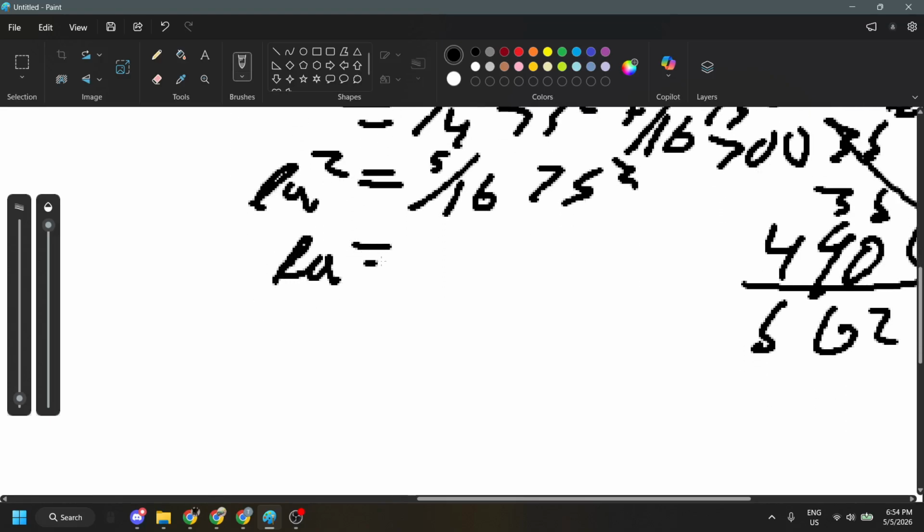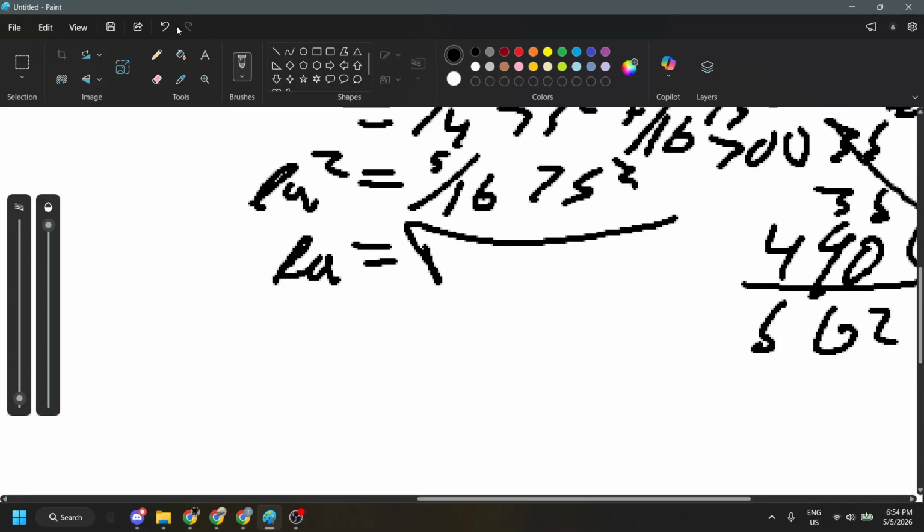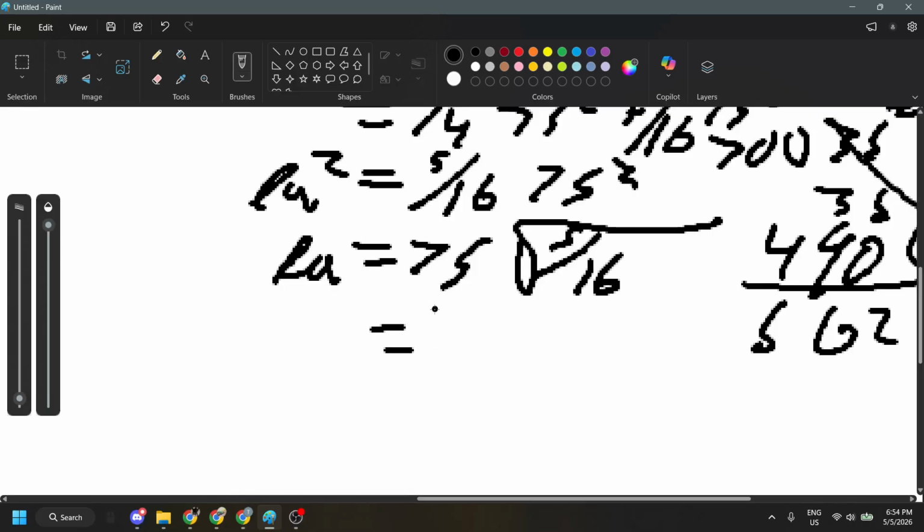So LA is equal to 75 times the square root of 5/16, which is 75/4 square root 5.